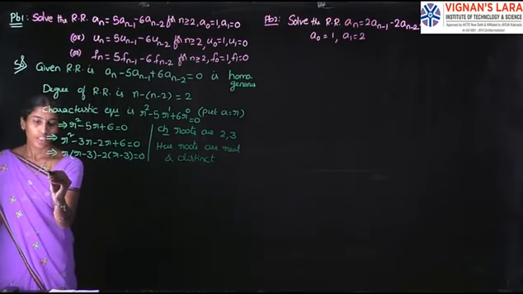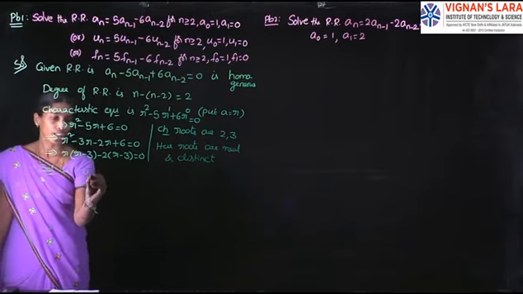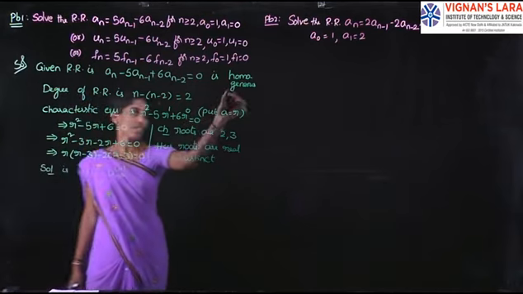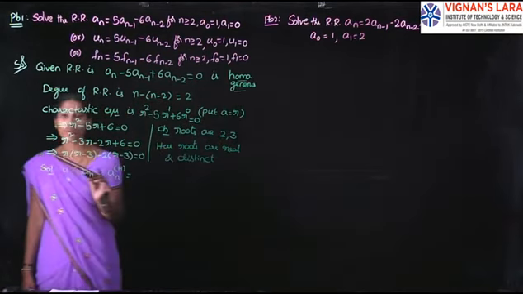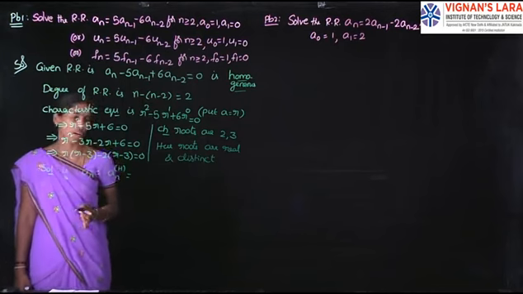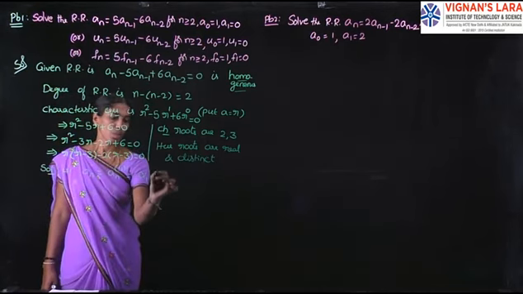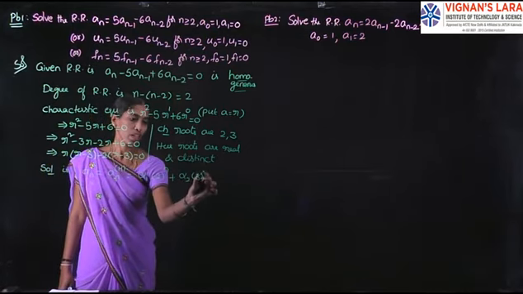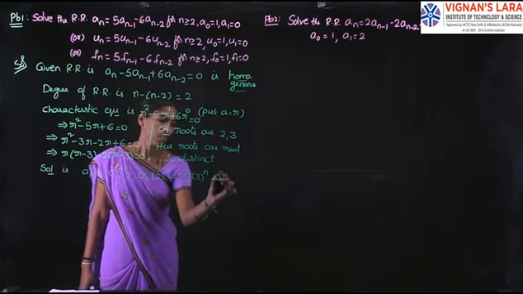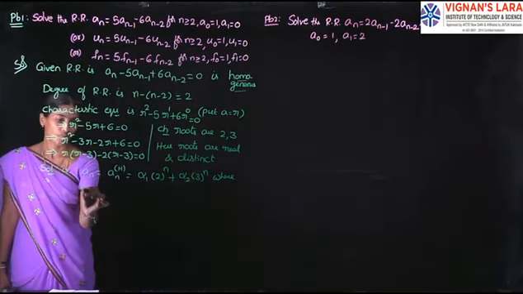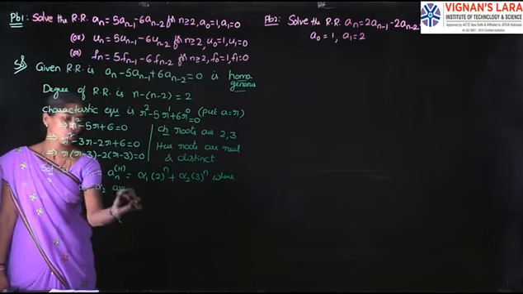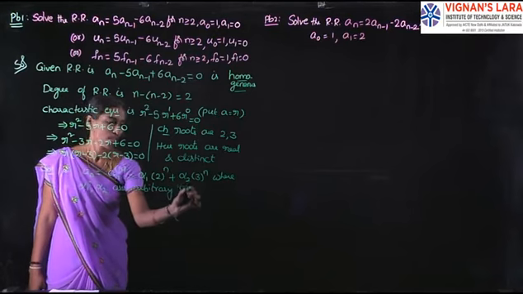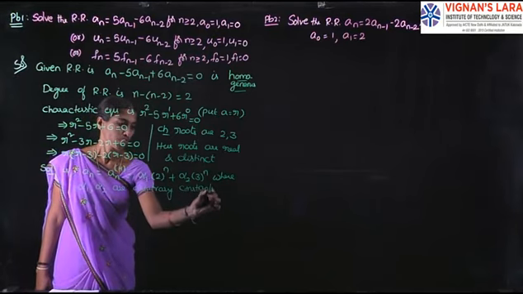So solution is a_n equal to a_n^(h), because the given recurrence relation is homogeneous. Its solution contains only the homogeneous part: alpha 1 into first root to the power n plus alpha 2 into second root to the power n, where alpha 1, alpha 2 are arbitrary constants, right?